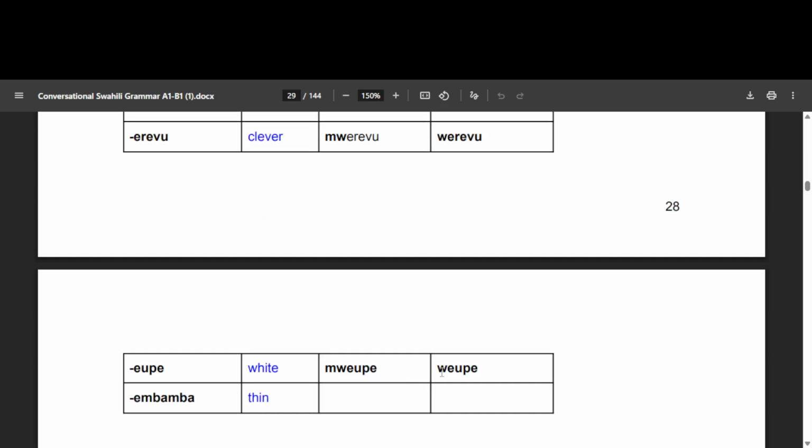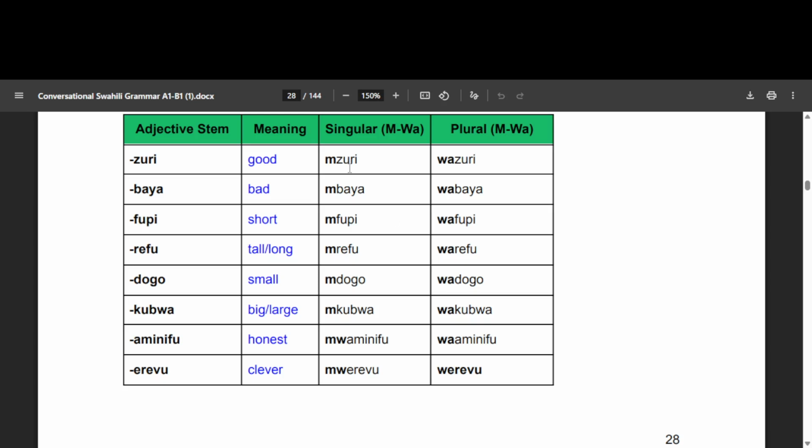Mweupe, white. Weupe, white. Mwembamba is not here because it needs you to fill. How will you fill here? We want to say thin, and if there are many, thin. We'll do one more example using mtoto. Mtoto is a child. Mtoto mzuri, watoto wazuri.